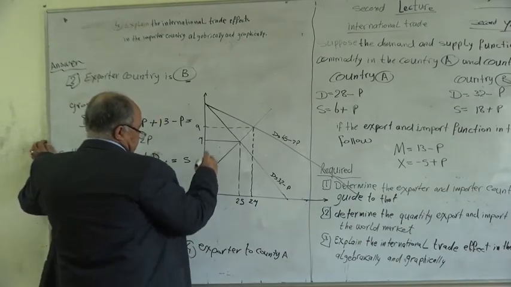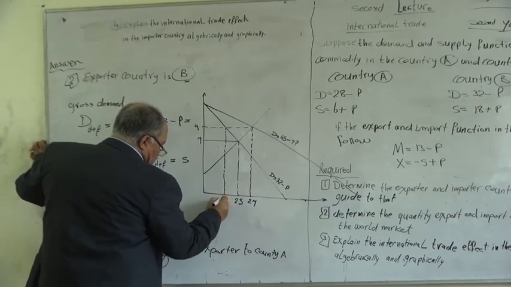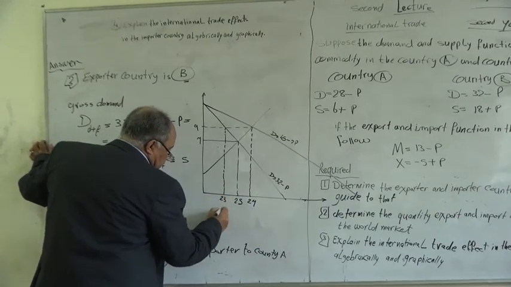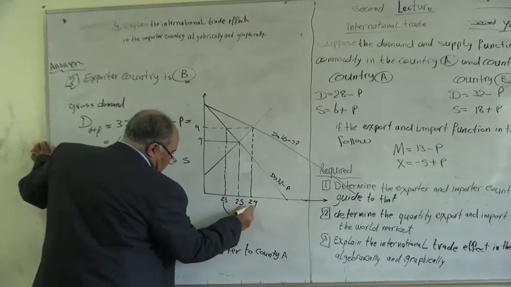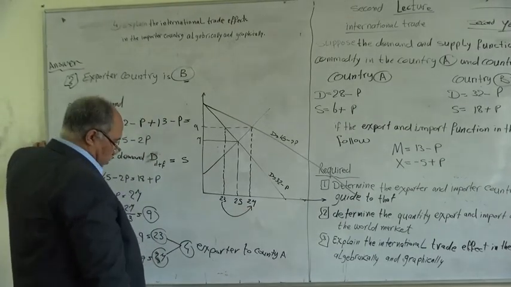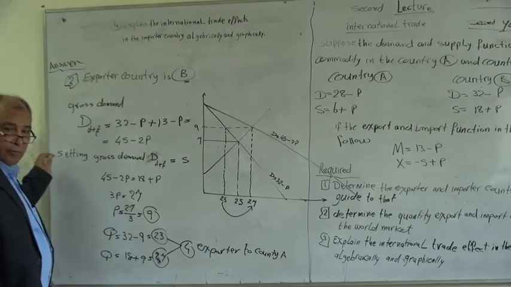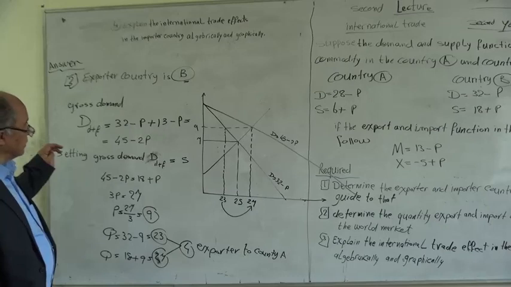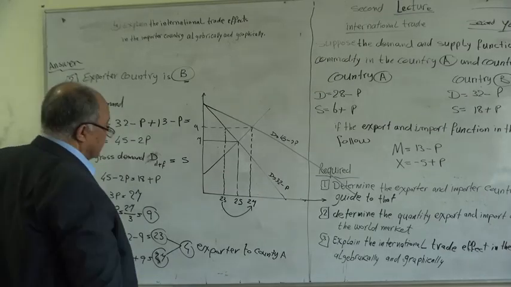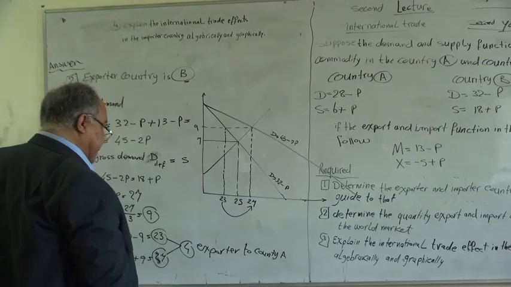But the domestic demand and consumption equal 23. The difference between 23 and 27 is 4, equal to the export quantity. This is the effect in the exporter country.